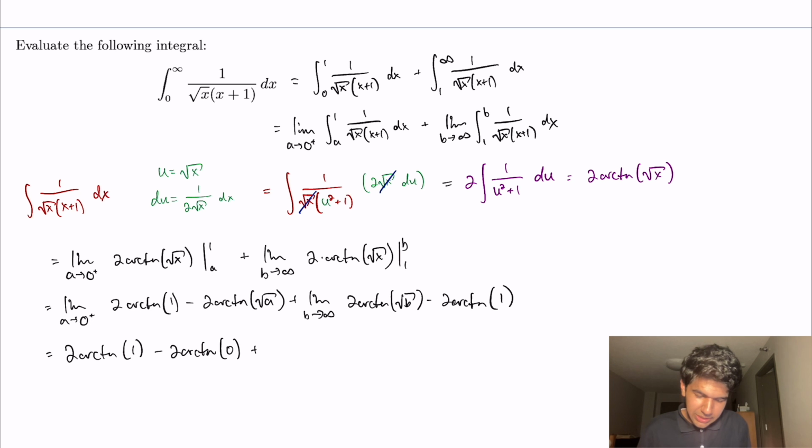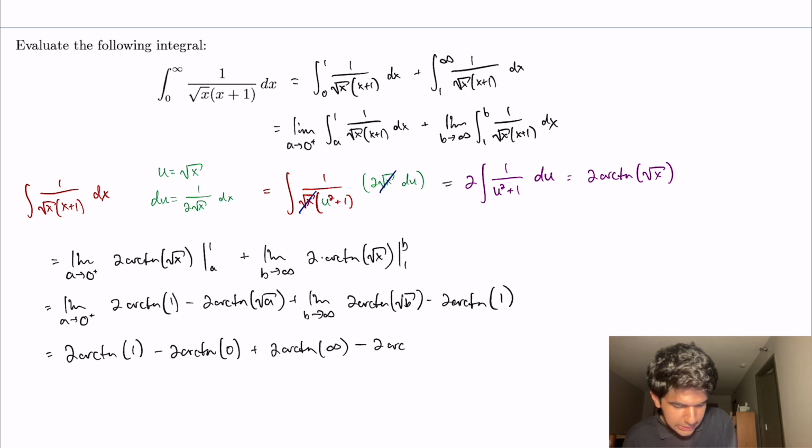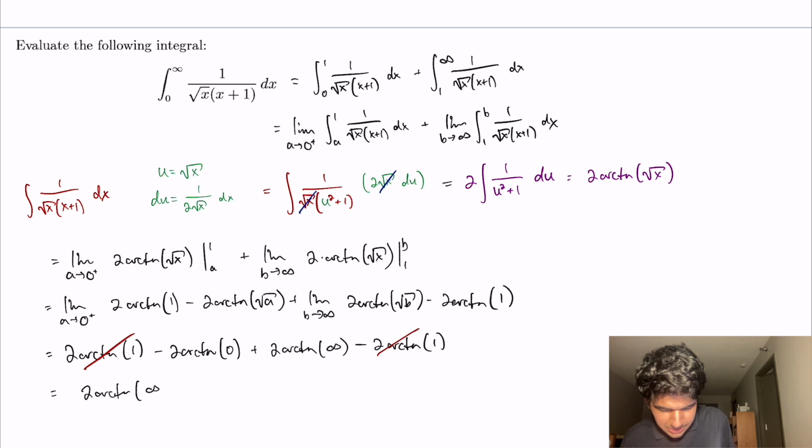Plus, we can plug in infinity for b. We get 2 times arctangent of the square root of infinity, which would just be 2 arctangent of infinity. And we subtract from that 2 arctangent of 1. We see the first and last terms cancel. So we're left with 2 arctangent of infinity minus 2 arctangent of 0.